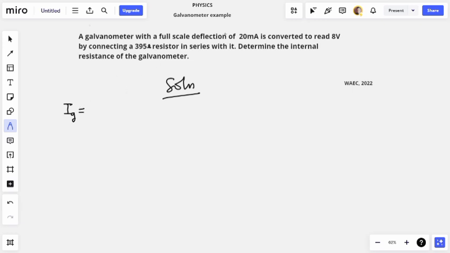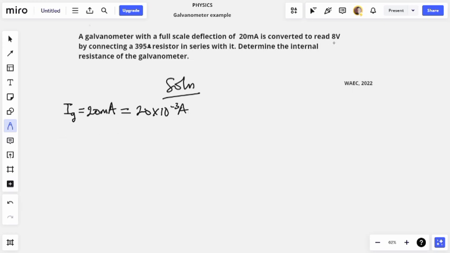So the full scale deflection current is 20 milliamps. Then you convert this to its standard unit. The standard unit for current is amps, not milliamps. So this will be 20 times 10 raised to the power of minus 3 amps.